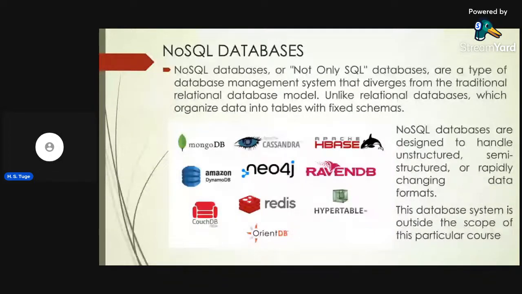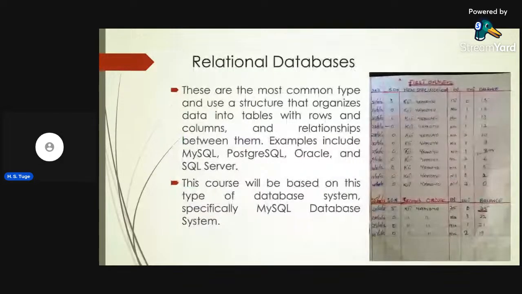Now, the second type of database is the relational database. These are the most common type and use a structure that organizes data into what? Tables with rows.